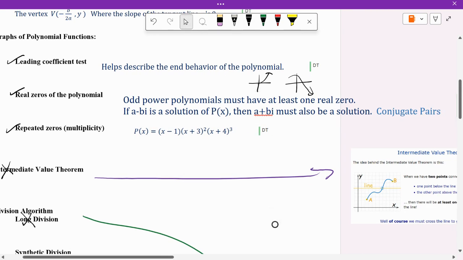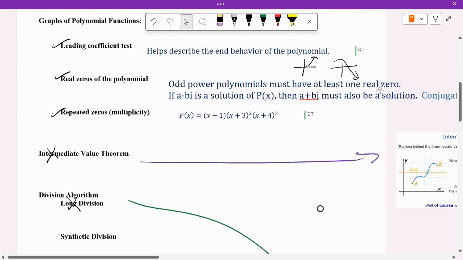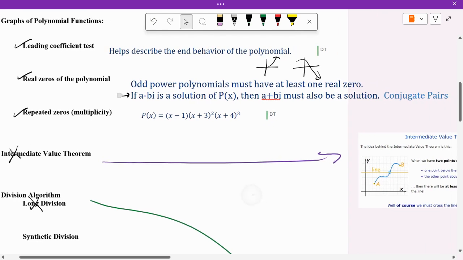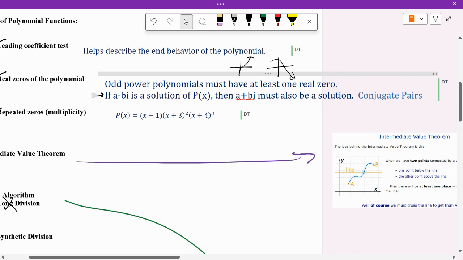So let's talk about the real zeros of a polynomial. This statement: if a minus bi is a solution of p of x, then a plus bi must also be a solution. In other words, complex zeros, and just as a reminder, complex includes real and imaginary numbers, always come in conjugate pairs.